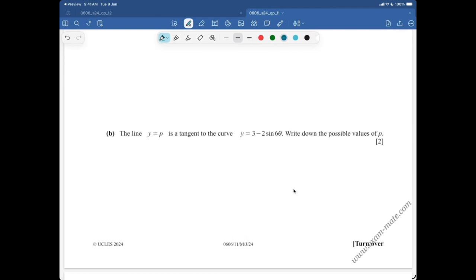So if you differentiate this equation, you could set it to be equal to 0, to find the values of theta such that the tangent to the graph will be horizontal, which the line y equals p suggests.